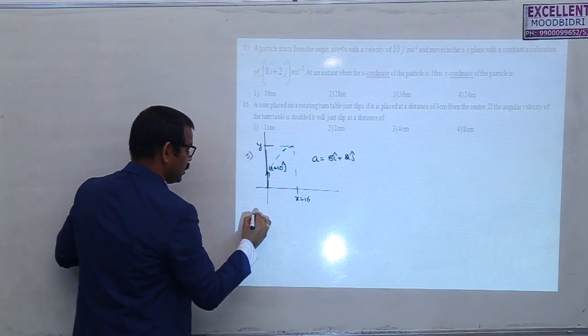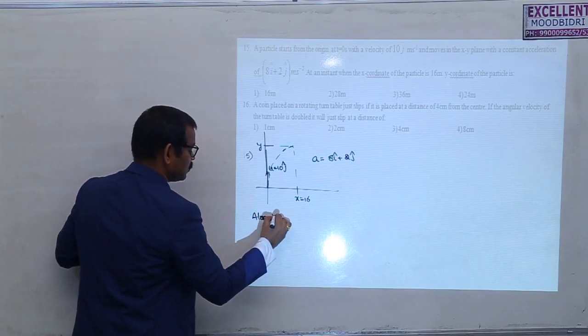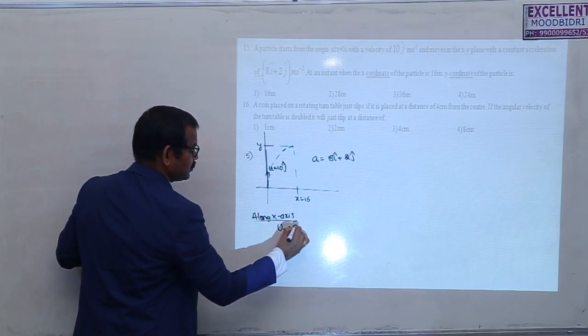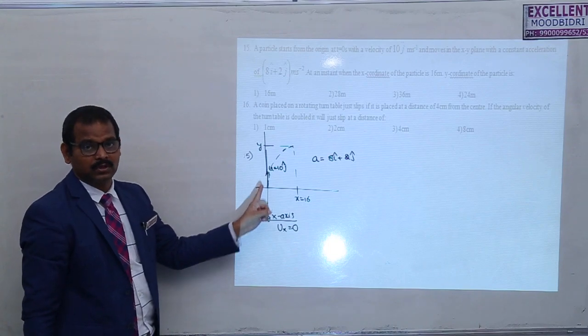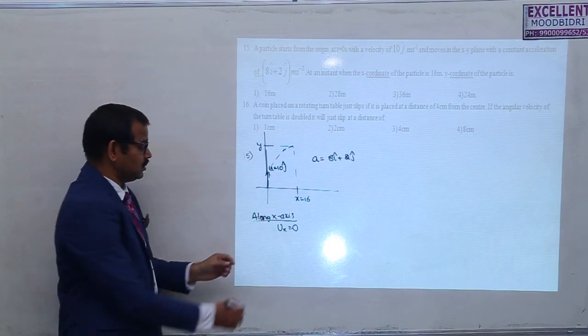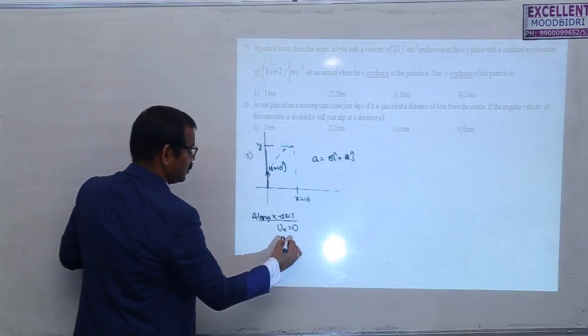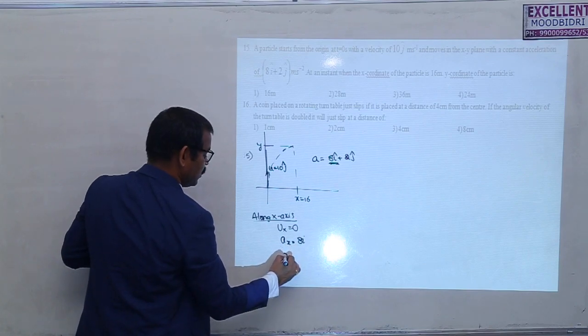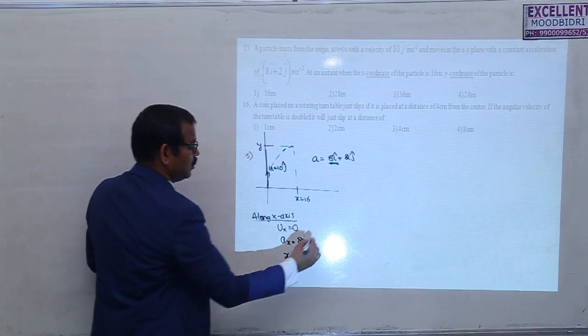At the same time, what is the y coordinate? For this first, let me take along x-axis. The initial velocity along x-axis is 0 because the particle is projected along y-axis with a velocity 10j. So there is no component along x-axis, initial velocity 0. Acceleration along x-axis you can see is 8i, and the displacement along x-axis is 16.